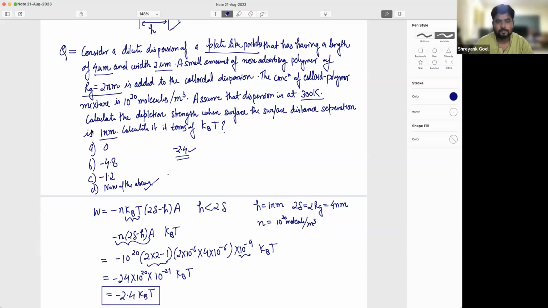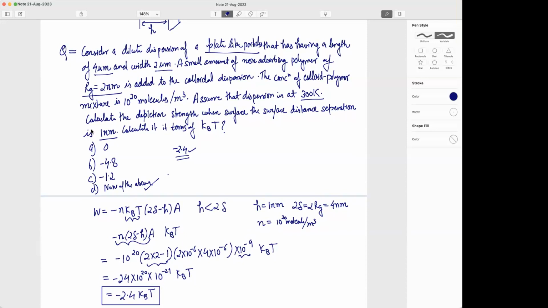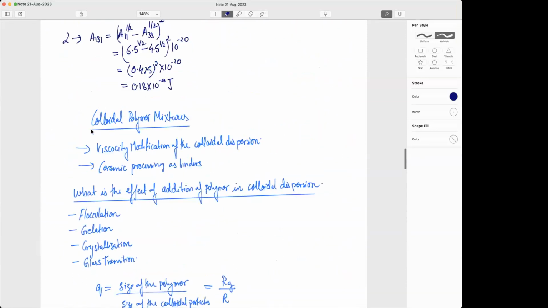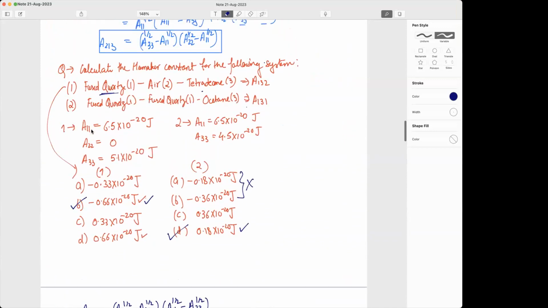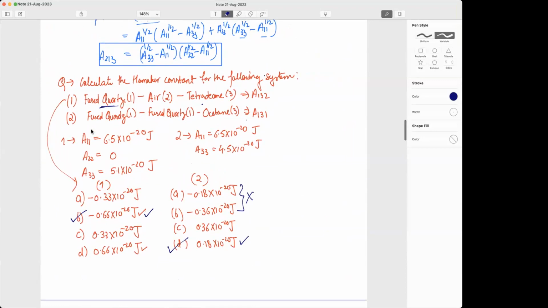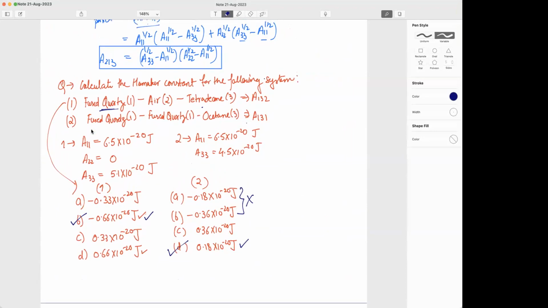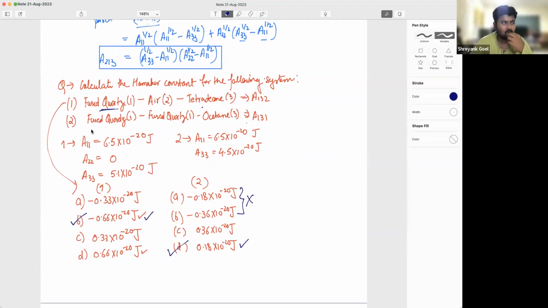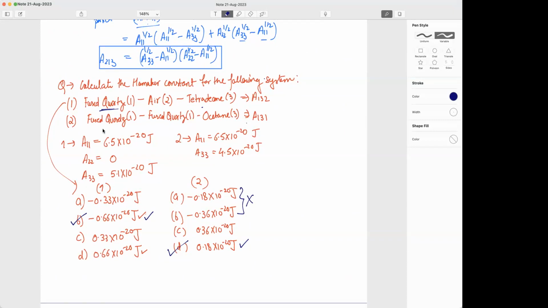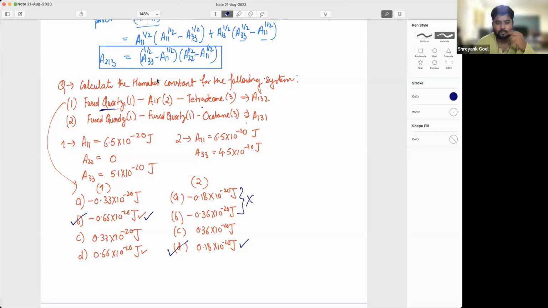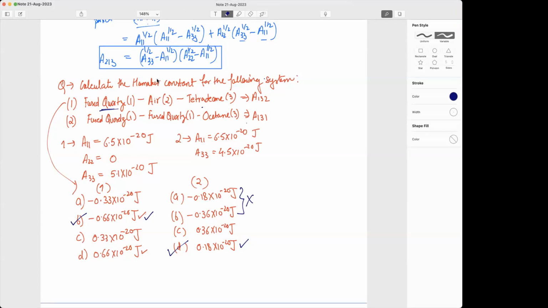Sir, can I just explain the Hamaker constant question which is given in the assignment? It is a spherical particle, once when it was in a vacuum and then when it was immersed in water. Hello. Yes, can you complete the question?